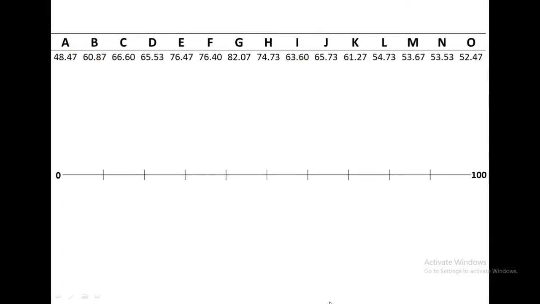To make it more clear, let's use a number line. Here we will plot all the means at their exact positions on a number line. Like the mean of sample A will be plotted here at 48.47 and B will be plotted at the 60.87 position of the number line. Now imagine we did the exact same experiment with all 15 separate samples and plotted them on a number line.